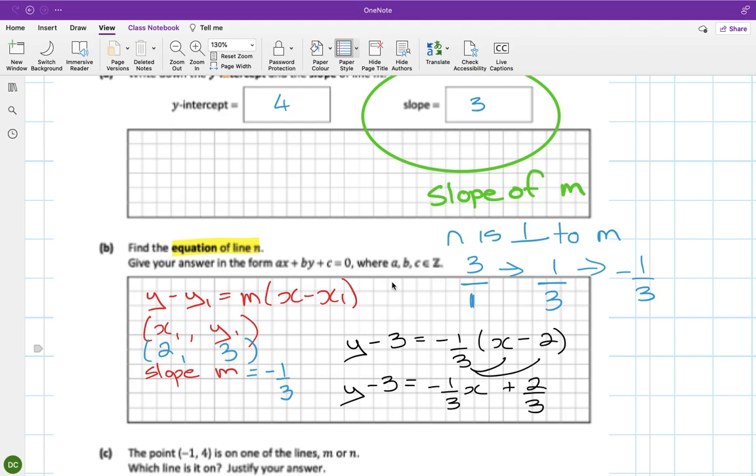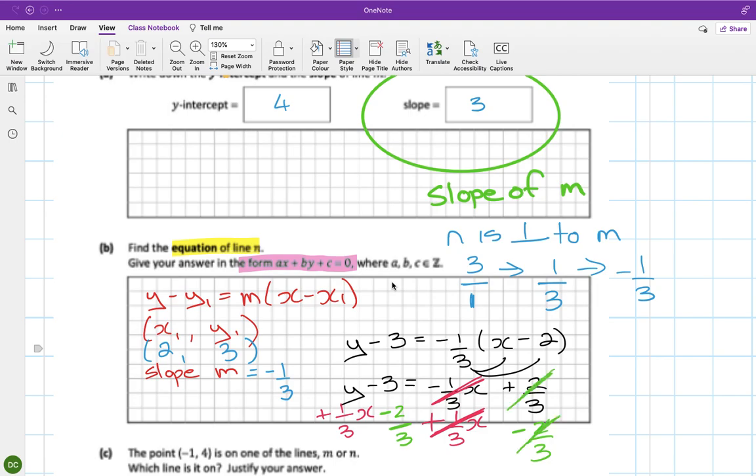Now, if you look in the question, they want it in this form, which means I want nothing on the right hand side. So I'm going to add 1 over 3 x to both sides, and that will get rid of that. Then I'm going to subtract 2 over 3 from both sides, and that'll get rid of that.